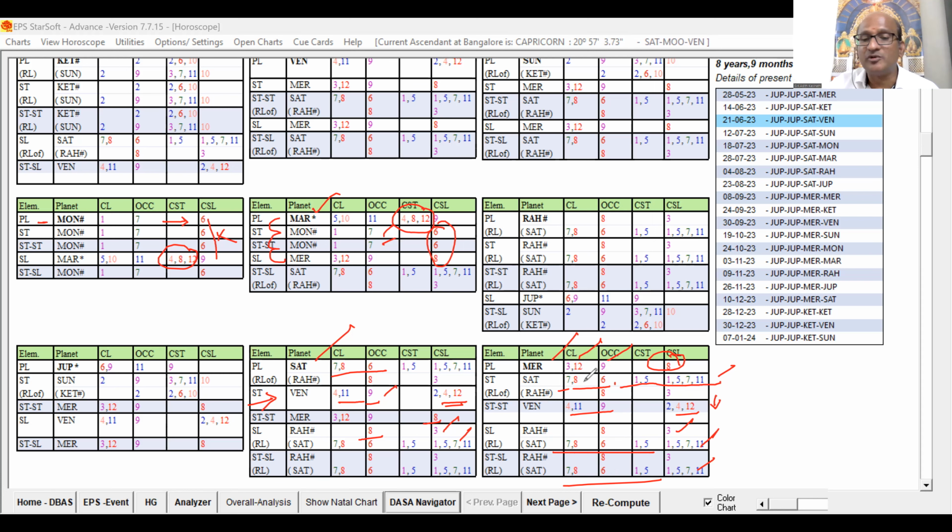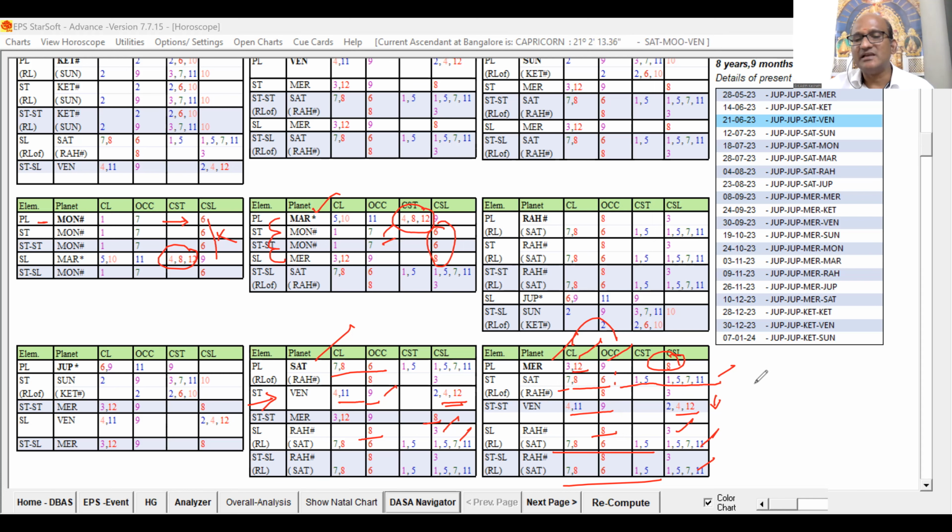So, though Mercury, otherwise, if you take only CSL, Mercury is third lord, 12th lord occupying ninth house in the star of a planet, 7th lord, 8th lord occupying sixth house. Then sublord is 8. So 7, 8, 6, again 8. Then 12 is there.